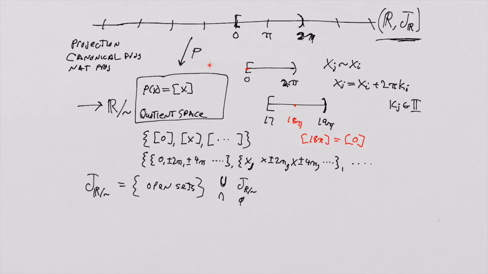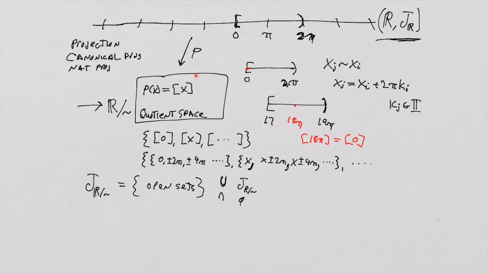And what does that mean? That means P inverse has to map open sets from the quotient space into open sets of the base space, the underlying space, which was the same condition when this was the total space of the fiber bundle. Pi had to map open sets of the base space into open sets of the bundle space.